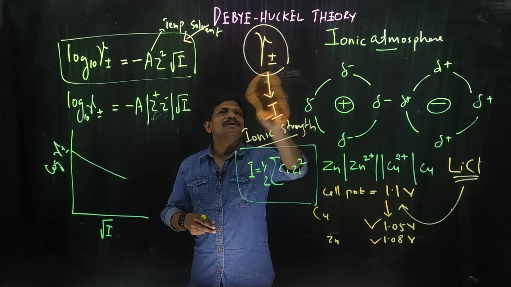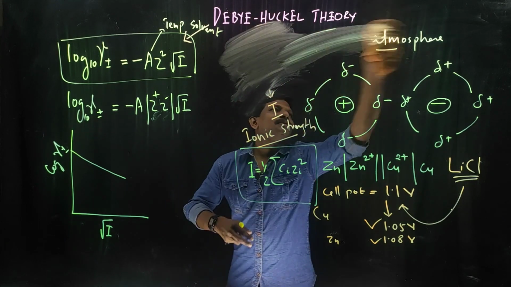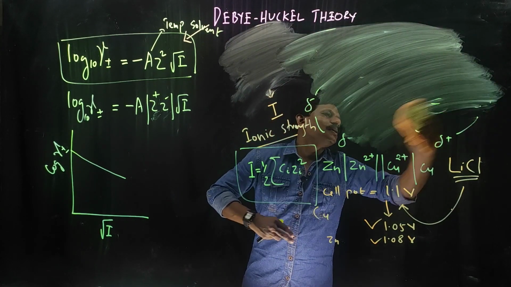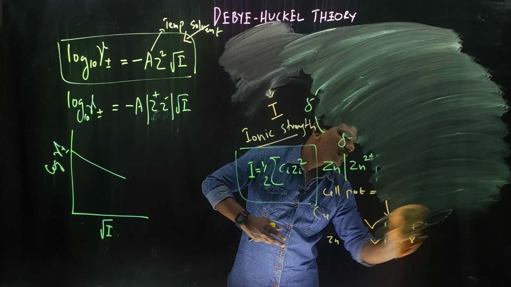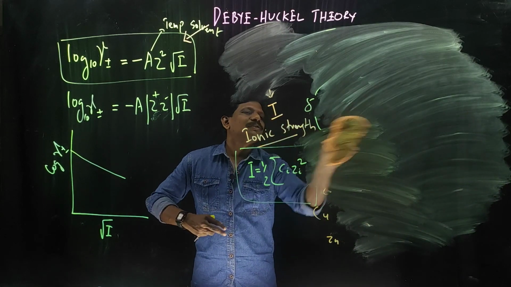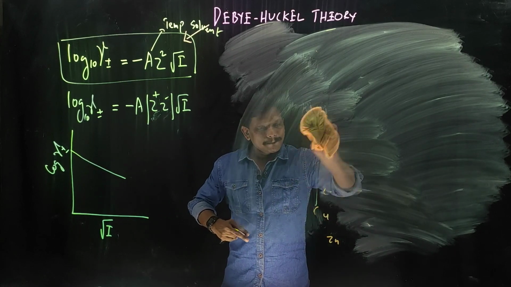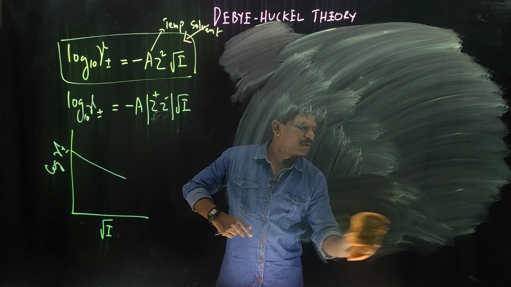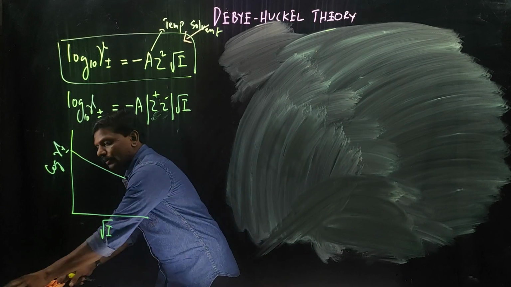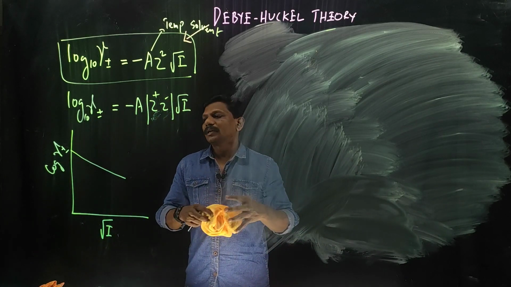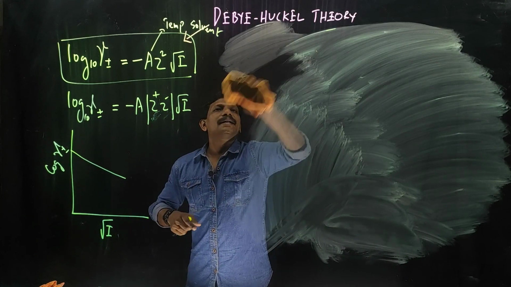Okay, so Debye Huckel theory is obeyed by very dilute solutions, but you know that our electrolyte solutions are not very dilute. So we have to consider the concentrated situation also. What happens when the electrolyte is concentrated, that also you have to check here. This is the ideal case.